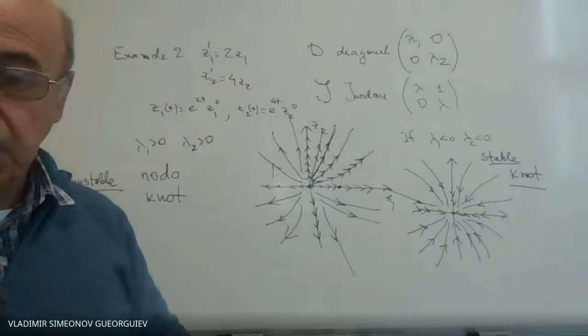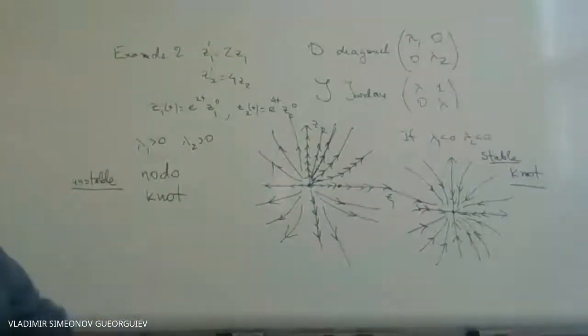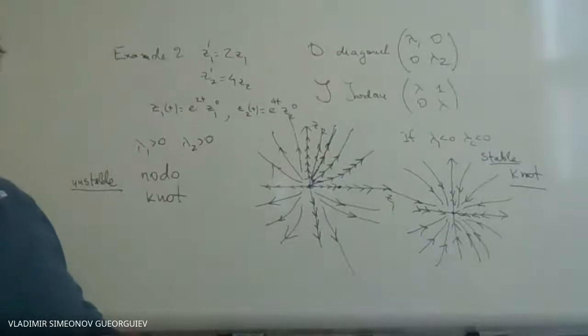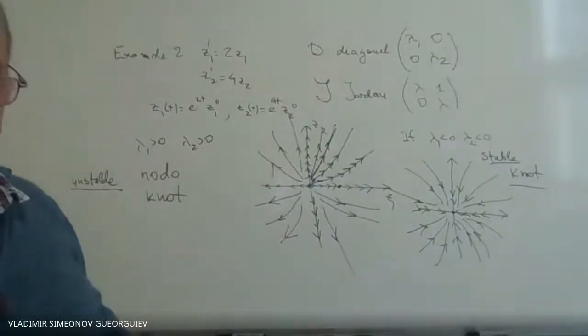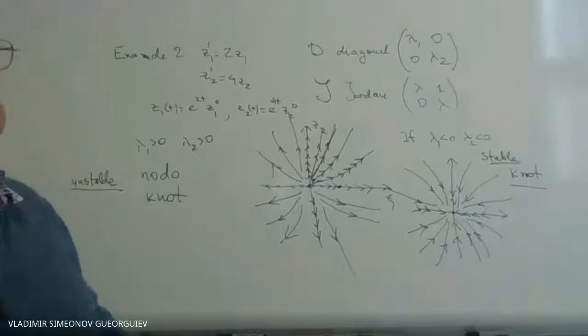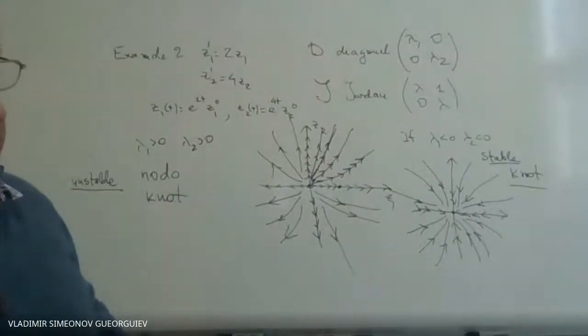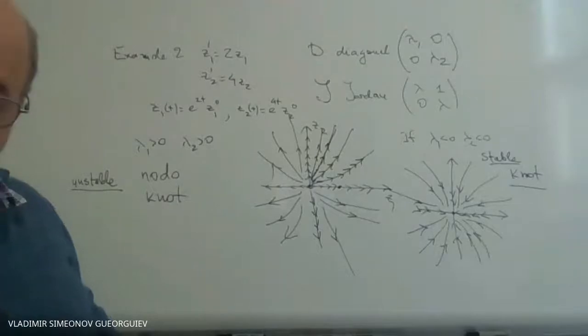This, I think, completes our example, and we pass to the next example, which is very, very important: the case of complex eigenvalues.